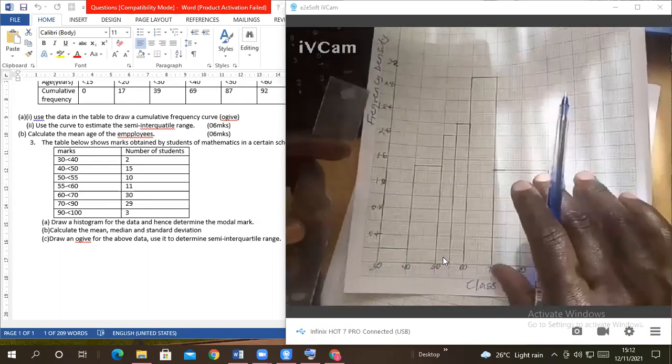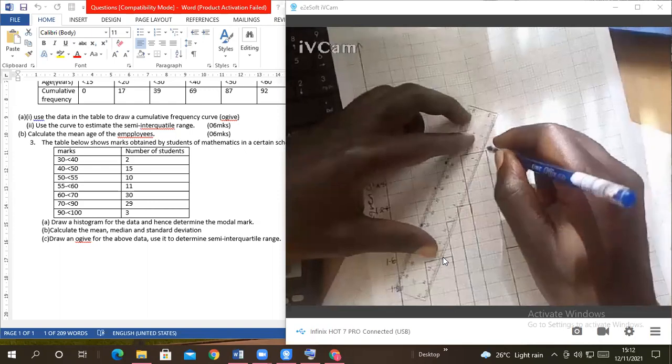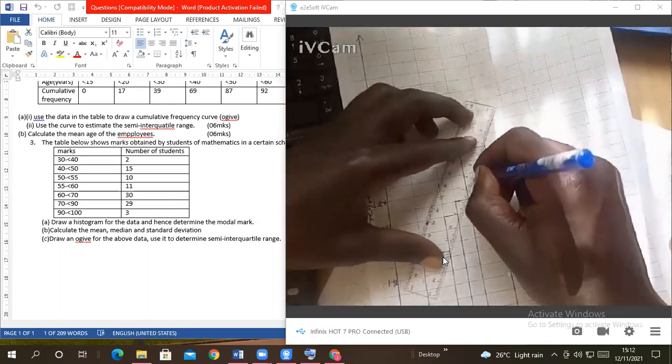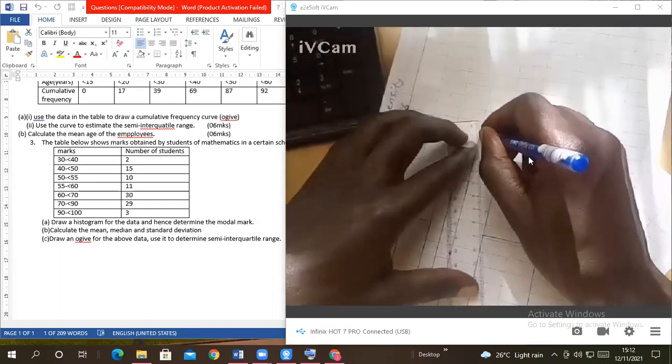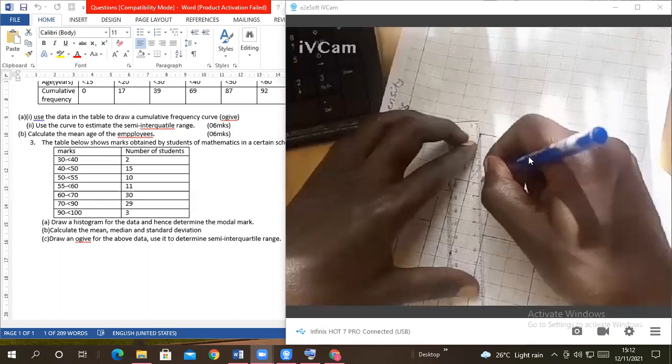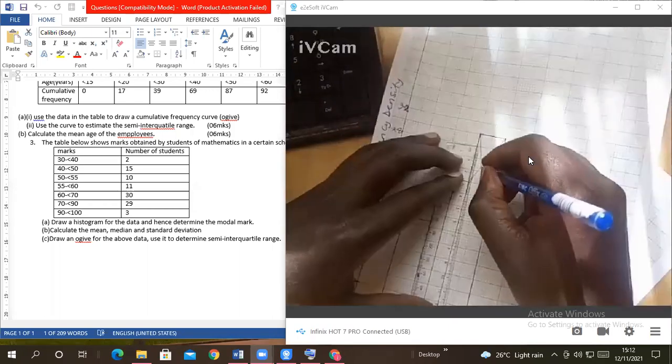Now we are supposed to read off the mode. So join this point to this one here, and then join this to that, and where they meet, that is it.